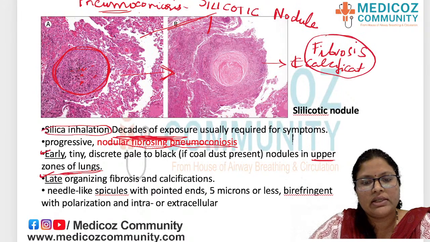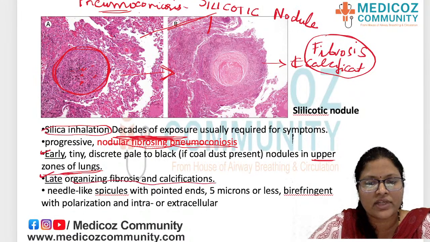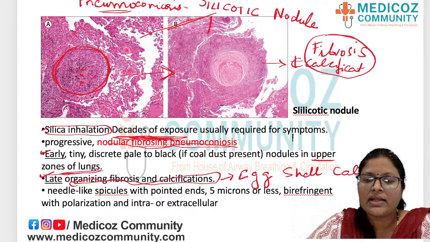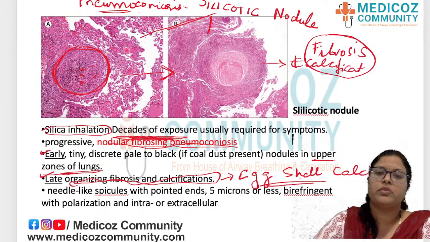occur in late stages. So this is an organized fibrosis and calcification, and when this occurs, on your chest X-ray the finding is an eggshell calcification. Okay, eggshell calcification. So this is seen in silicosis, remember students.